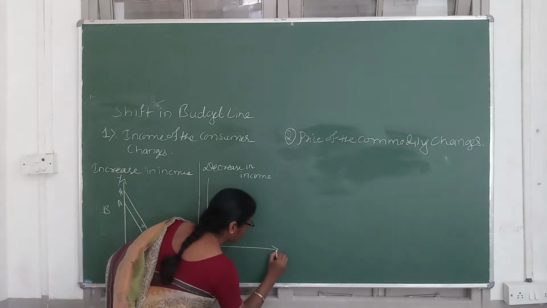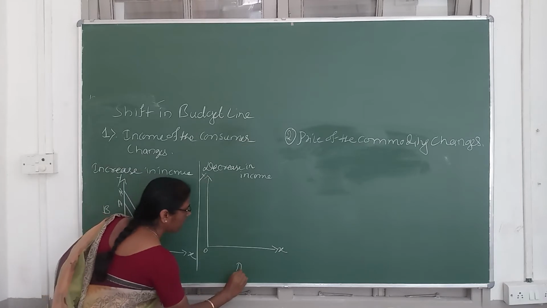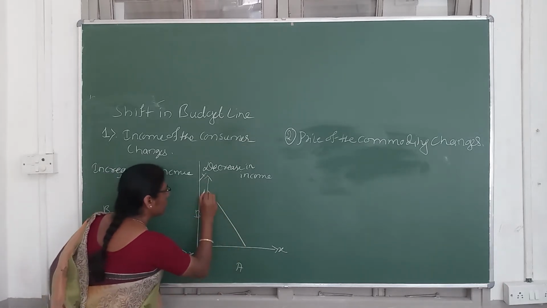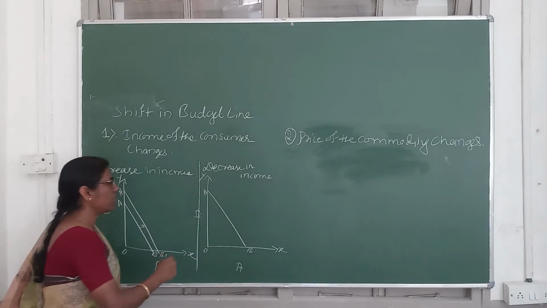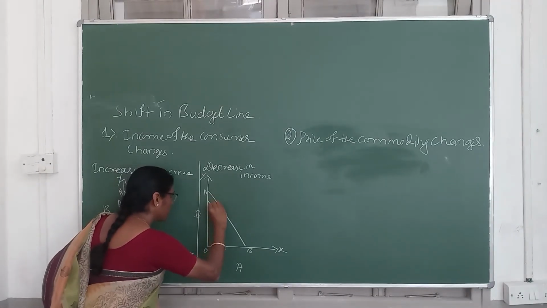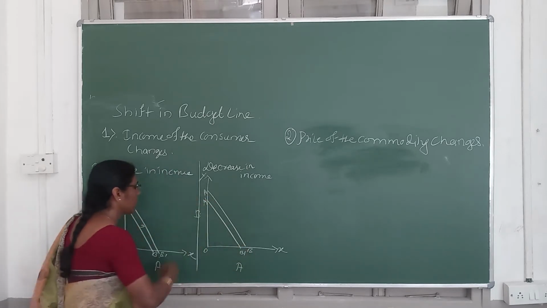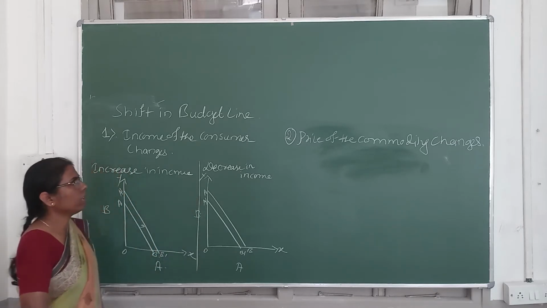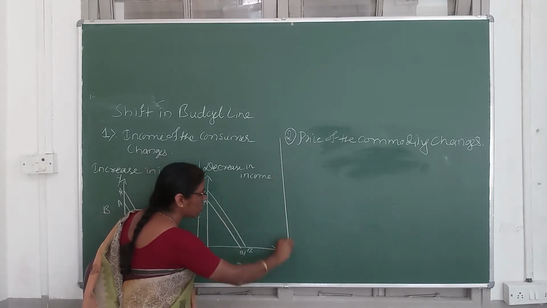See here, banana. So this is our budget line AB. When our income decreases, we purchase less, so less of banana and less of apple.